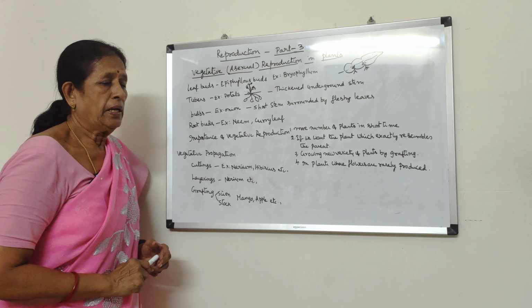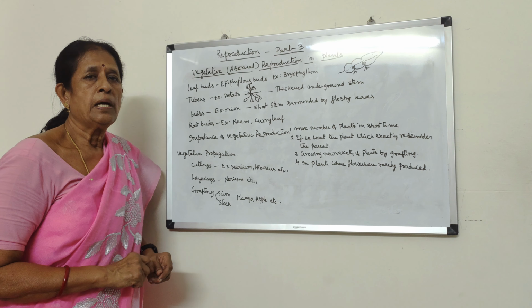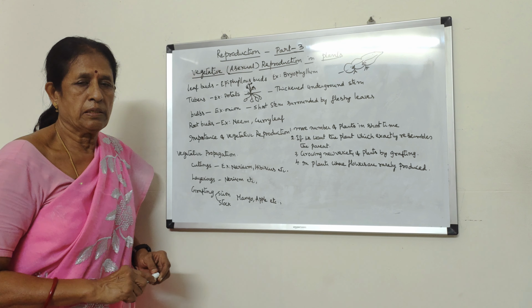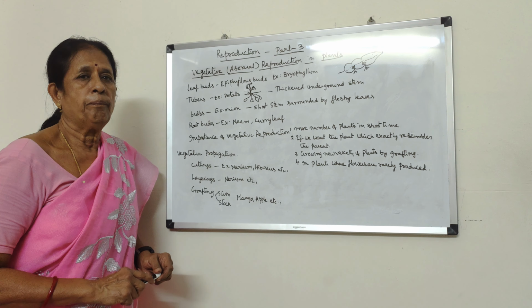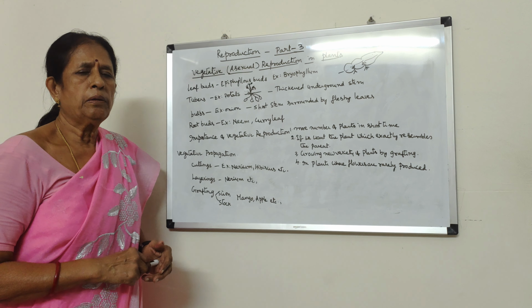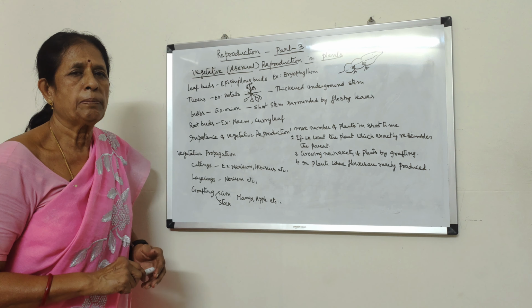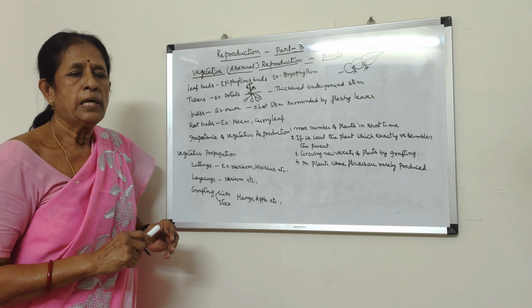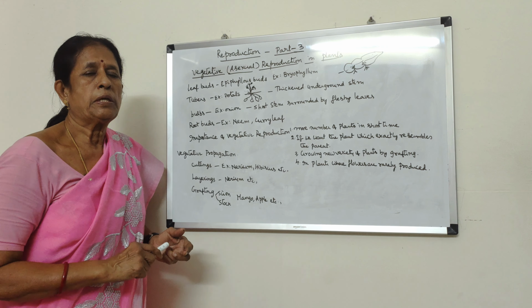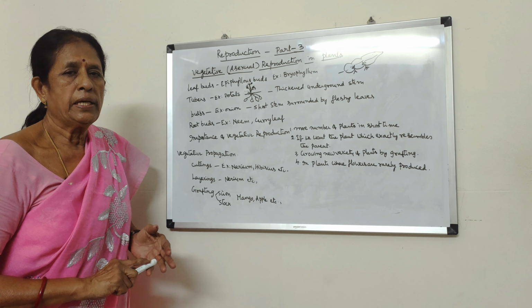And grafting. Grafting is a method where two plants belonging to the same species are allowed to grow together. Let us imagine a mango tree. One variety of tree has good fruits and leaves, but the root system is very weak.